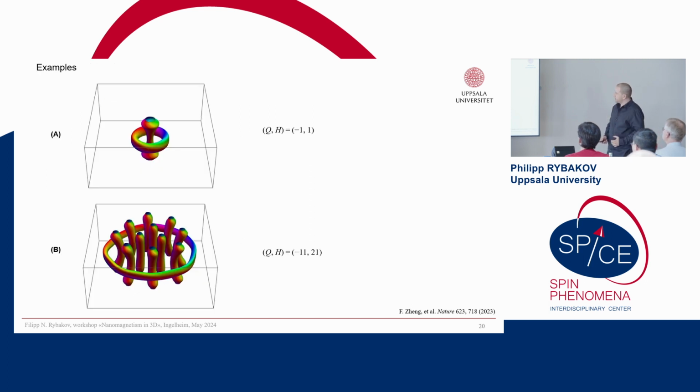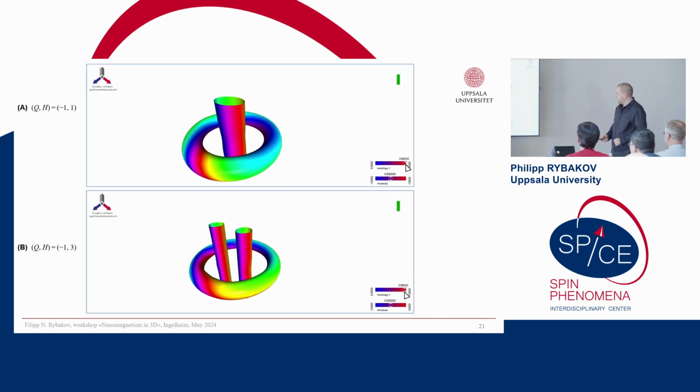So this is an example. In the first case, we have 1 skyrmion, 1 hopfion, and the charges are -1 for the tube, 1 for the hopfion. So that looks okay. In the second example, it's minus 11, and we have 11 skyrmions, so this is clear, but for the Hopf charge, for some reason, we have 21. So what is the origin of this number?